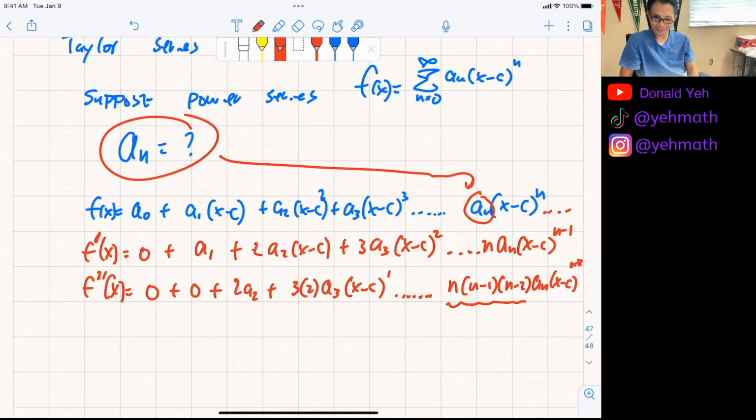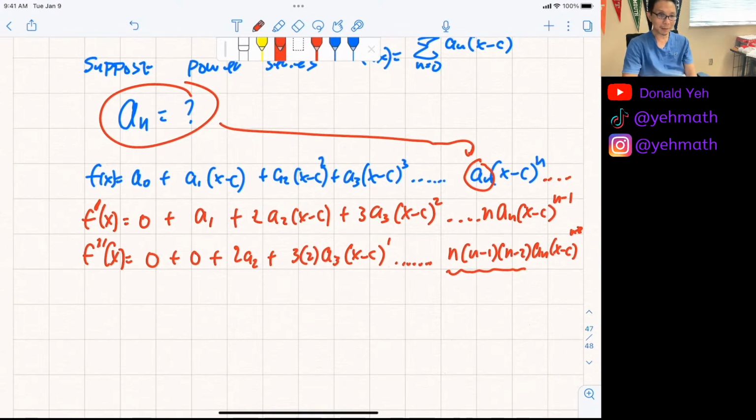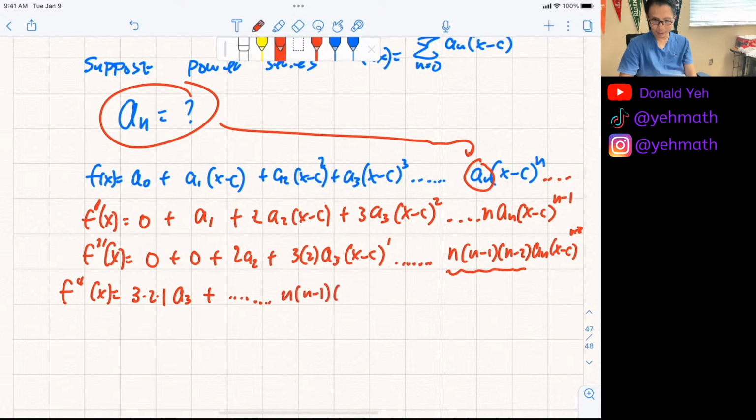So if I take a fourth derivative, just say I'm not taking n derivatives yet, it's going to be 3 times 2 times 1 of the a3, and then plus, dot dot dot, to n times n minus 1 times n minus 2 times n minus 3.